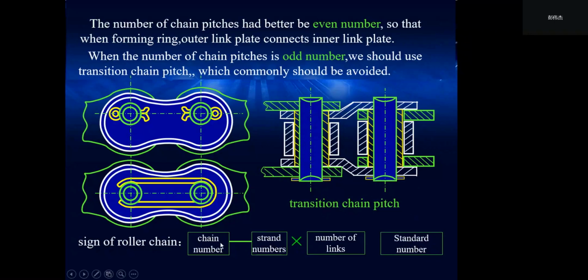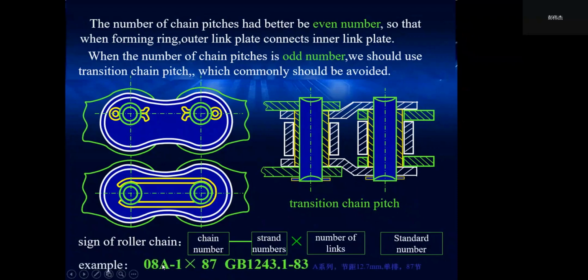Chain number is usually followed by a serial number A or B, and chain number indicates the pitch of chain in 16ths of an inch. Serial A is used in America and many other countries, whereas serial B is mainly used in European countries. Both serials are available in China.